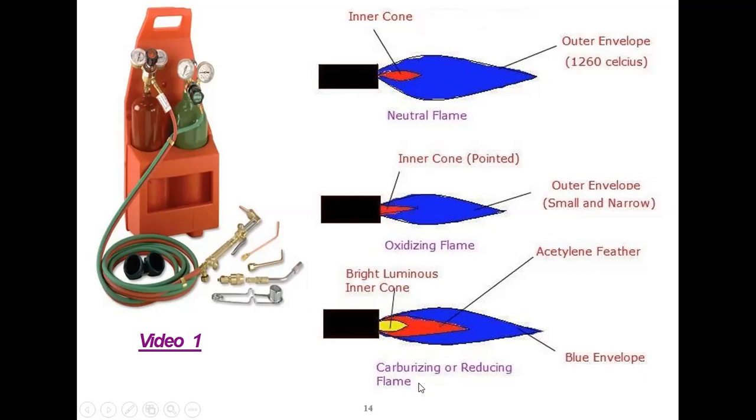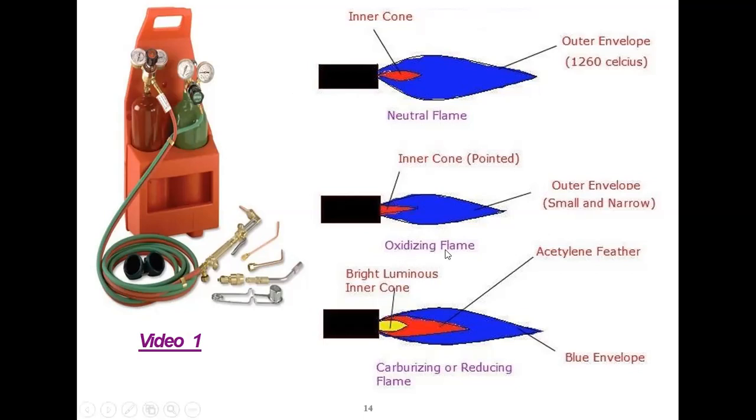According to the percentage of oxygen used, we have divided the flames into three parts. There are certain differences between these flames. Like in this neutral flame, we have to use oxygen and acetylene in a 1:1 ratio, that means there will be an equal amount of oxygen with respect to acetylene.